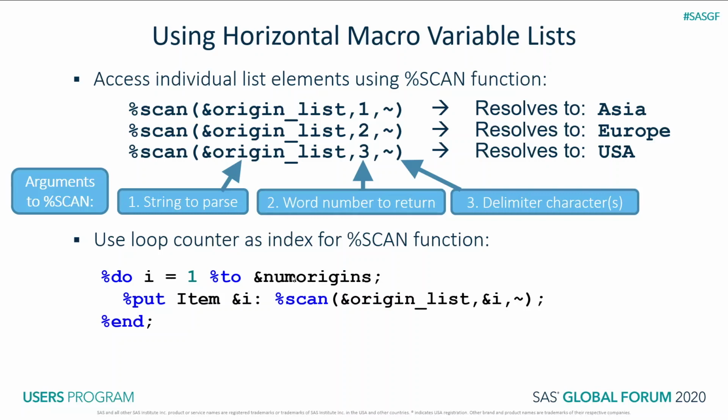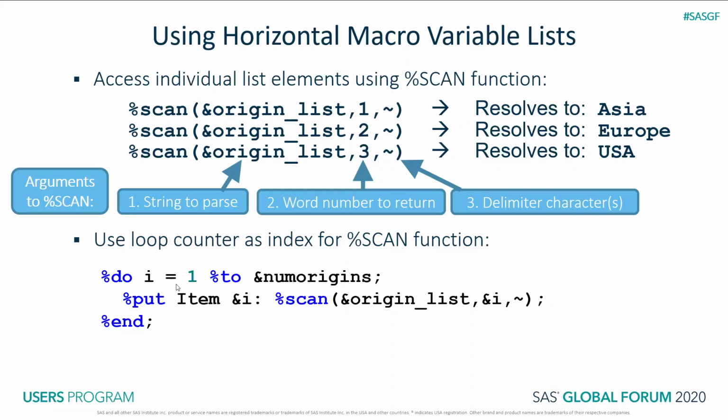I goes from 1 to numOrigins, and inside our %do macro loop, we have a %put. So we're just writing some stuff to the log so we can see how this works. %put item ampersand I, that's our loop counter here, 1, 2, 3. And then we have a %scan, but you'll notice that the second argument to %scan is not a hard-coded number like it was up above. Rather, it's a reference to the macro variable I, which was our loop counter, ampersand I. So we're going to take the ith item from the origin list, which was our macro variable list.